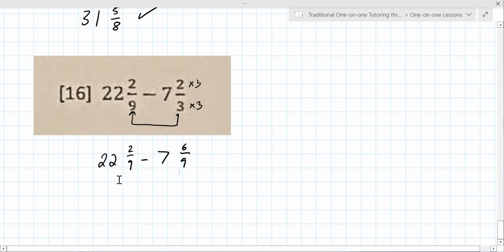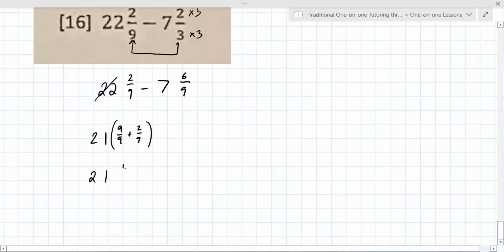But notice you've got a problem here because the 2/9 is less than the 6/9. Do you remember how to proceed from here? You just take away 1 from 22 and then 21, and so you get 11 ninths.